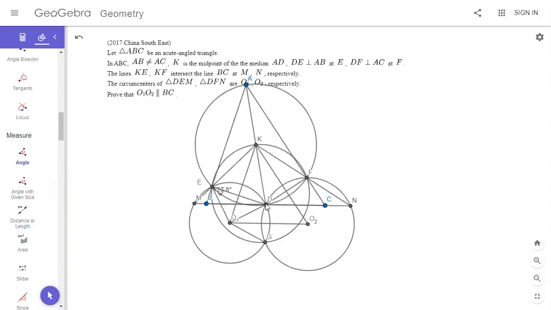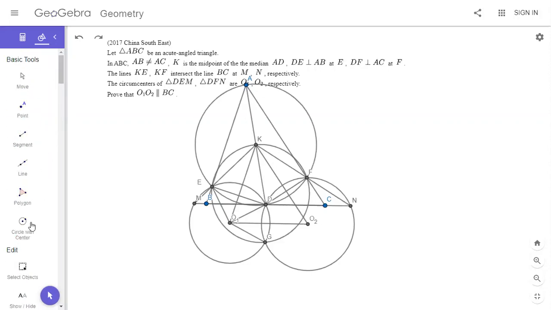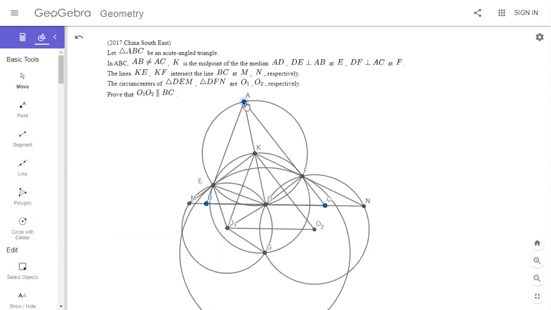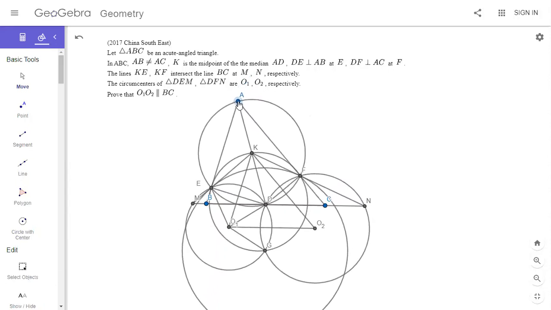Yeah. We don't know GE equals GF. Is that true that GE equals GF? Huh, that is true. But KG bisects EF. And KG bisects EGF. How do we know that?